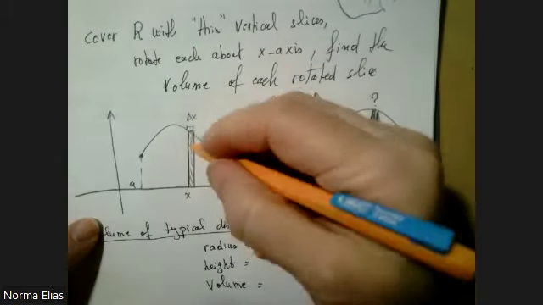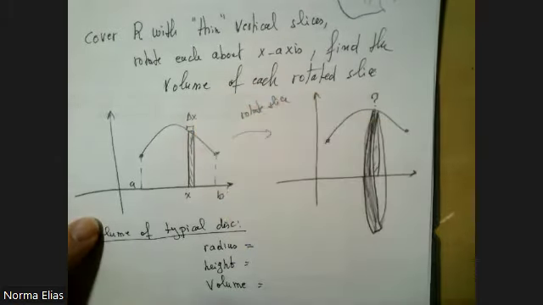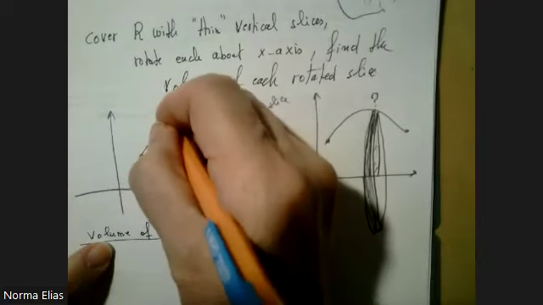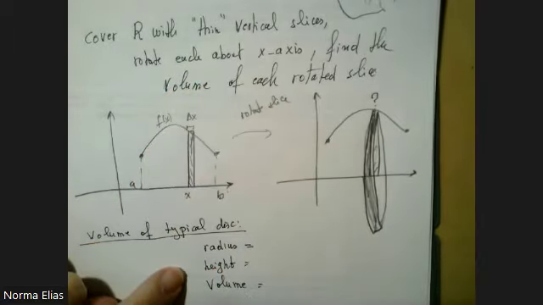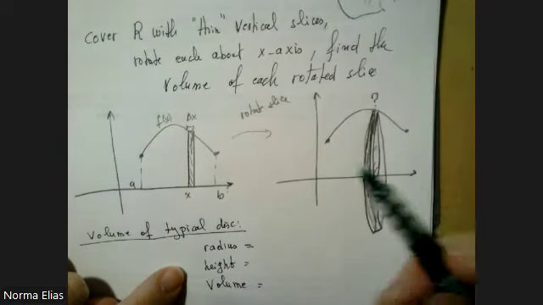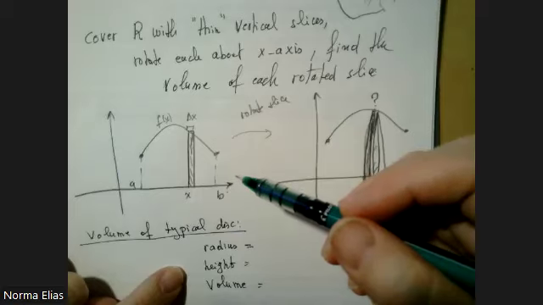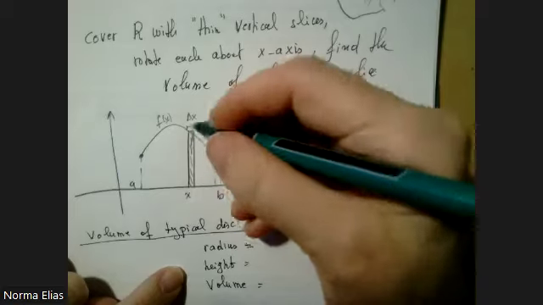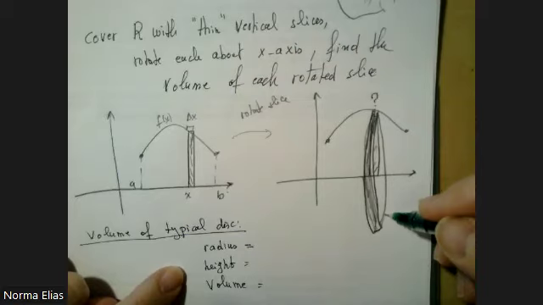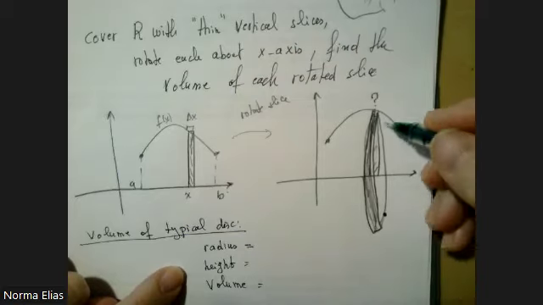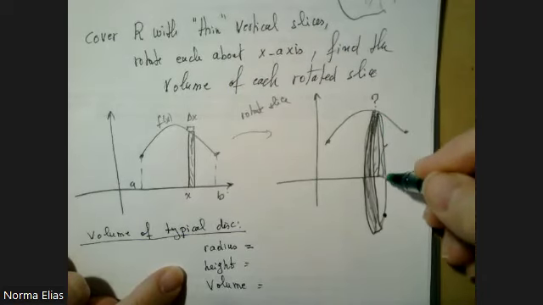All right. If I take this one and I rotate it, what's going to be the radius? Now I stop and I listen. The radius is going to be what? From where to where? That's going to be the rotated rectangle. The radius is going to be from here to here.